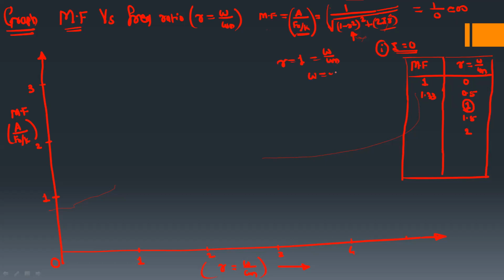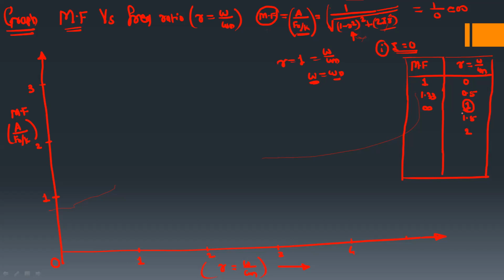That means at this condition, your external frequency of the oscillation, if it is equal to the natural frequency, then you can observe this magnification factor as the infinity. That means your amplitude, it will be the maximum value. Okay. And if the spring mass system vibrates at this frequency, that is the resonant frequency, there is a possibility of the failure of that mechanism or structure. Okay. So this is the infinite value.